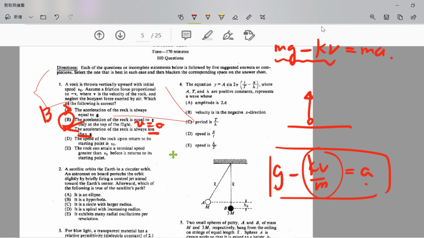The speed of the rock upon return to its starting point is not the same, because the kinetic energy loses something to friction, so the energy will not be conserved if you only consider kinetic energy. The rock attaining a terminal speed greater than this is impossible, because the energy is dissipated by the friction. So this is B.